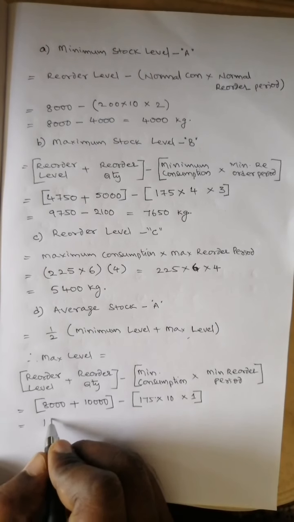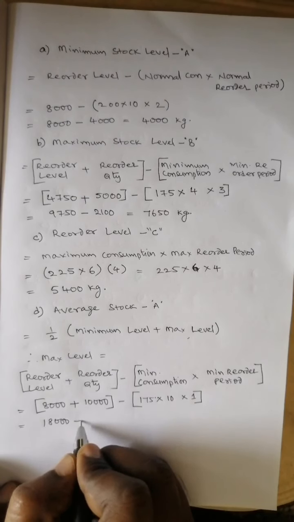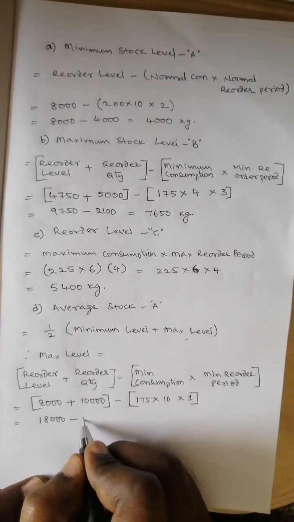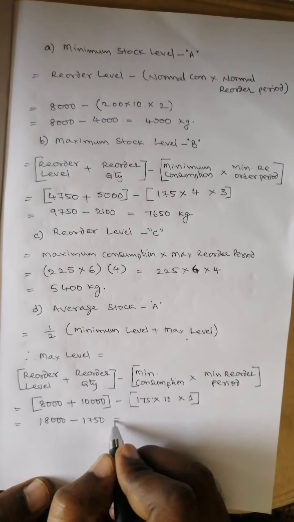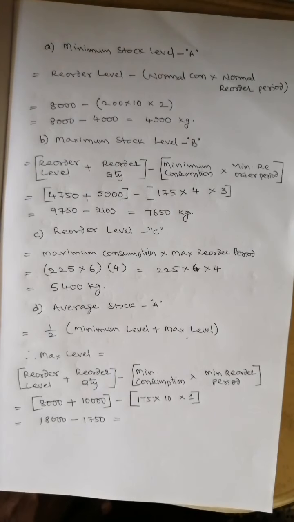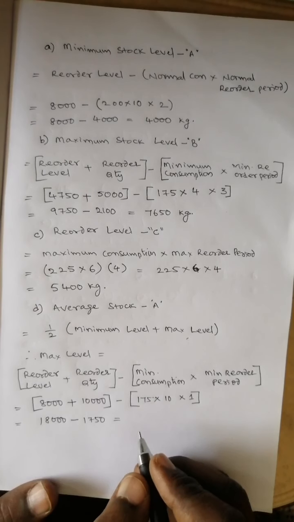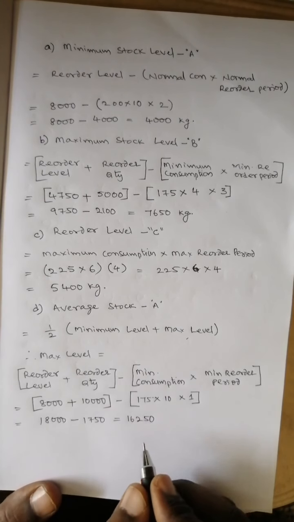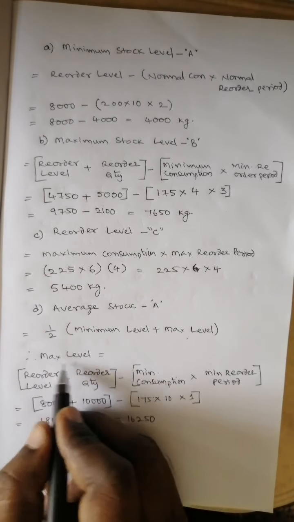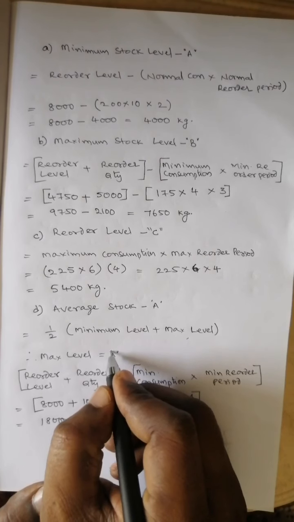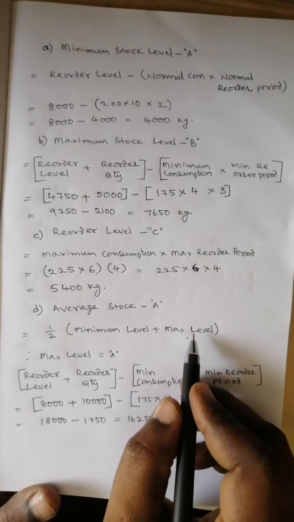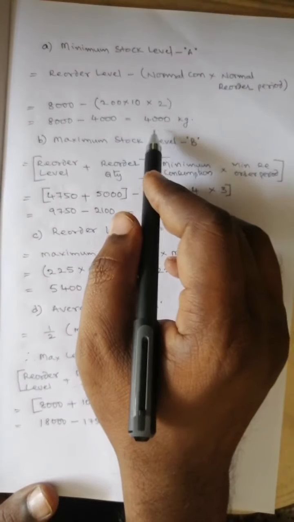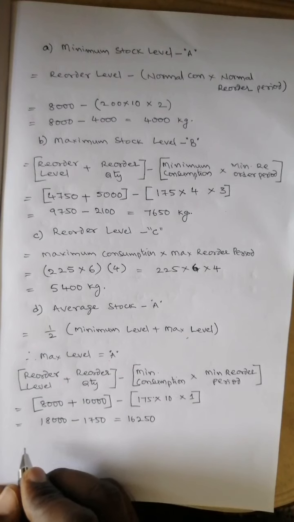So 18,000 minus 175 into 10, 1,750, into 1. So 1,750. The difference between these two is 16,250. Now this 16,250 is the maximum level of A. Minimum level is already computed, available in the form of 4,000.